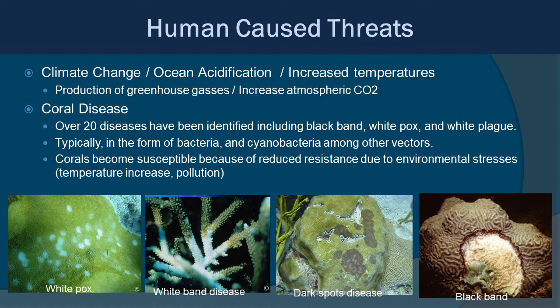So when you stress the corals because of ocean acidification, because of increased temperatures and bleaching events, because of low water quality and toxins in the water, things like that, it makes them more susceptible to the diseases that are there.